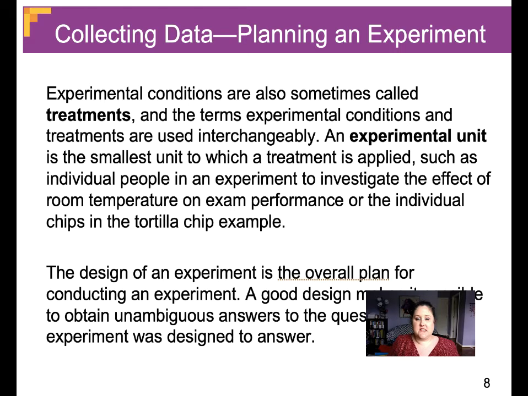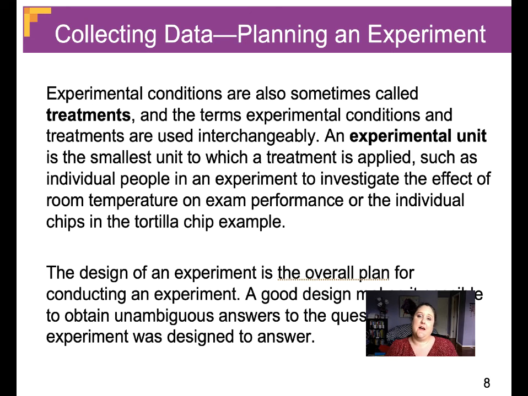The design of your experiment is that overall plan that you're using for conducting an experiment. And we'll see in this section that there's several things that we have to account for in order to design a good experiment. A good experimental design is going to make it possible to obtain unambiguous answers to questions that the experiment was designed to answer.